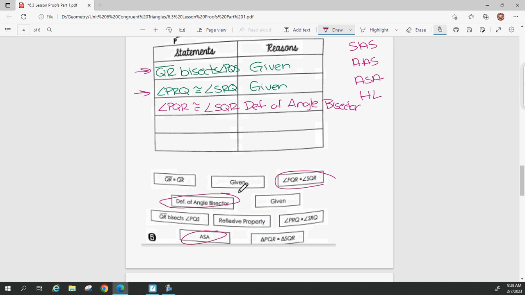We also were able to say that QR was the same in both of these triangles. And so the way we say that is QR is congruent to QR. We say it's congruent to itself. It was that reflexive property that allowed us to do that.